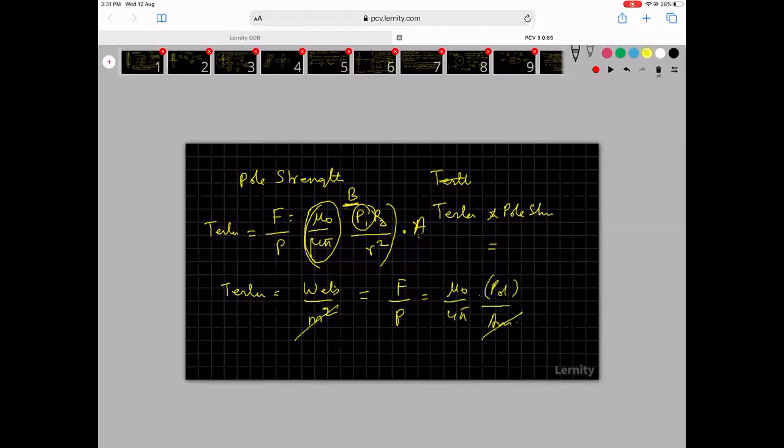So this area gets cancelled, and Weber is related to the pole strength. But this mu naught by 4 pi, what to do with it? Okay, fine, give me a little time and I'll get back on this.